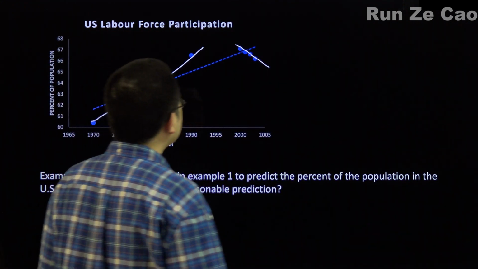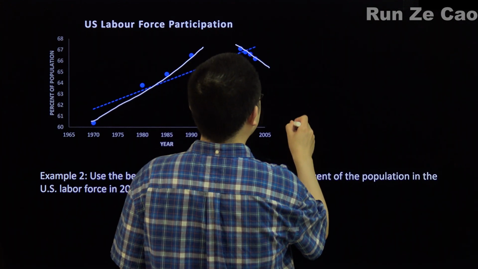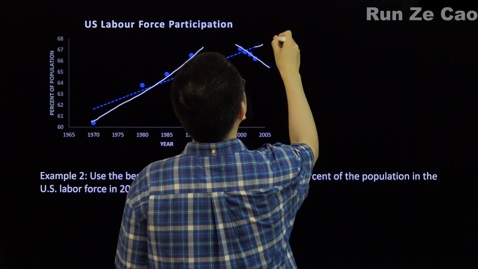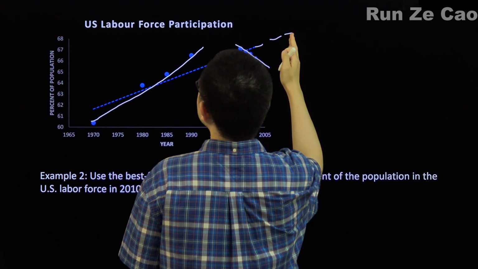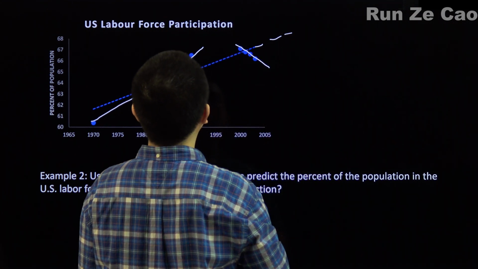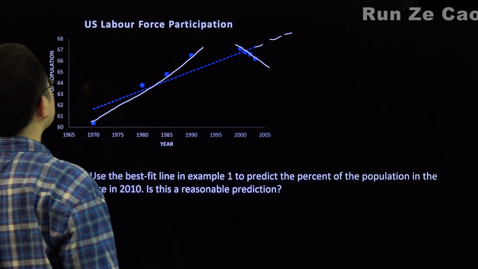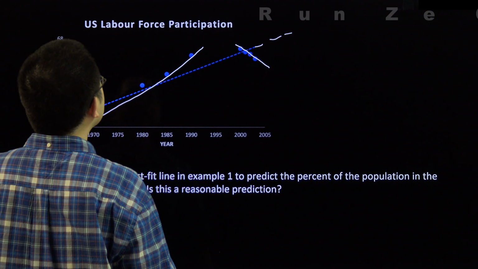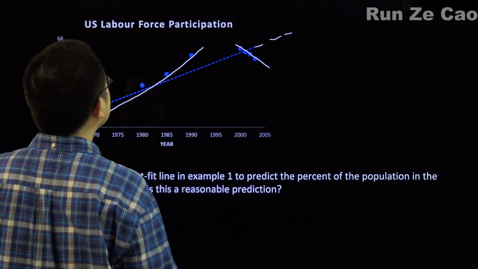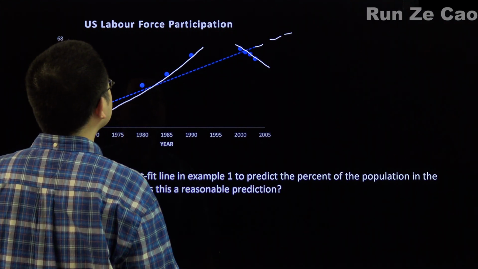Use a best fit line to predict the percent of the population in the U.S. labor force in 2010. 2010 would be around here, which means that this would go up to a bit over 68%. Yeah, that makes very little sense.